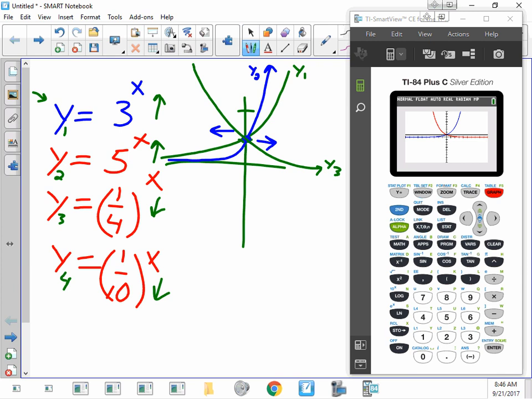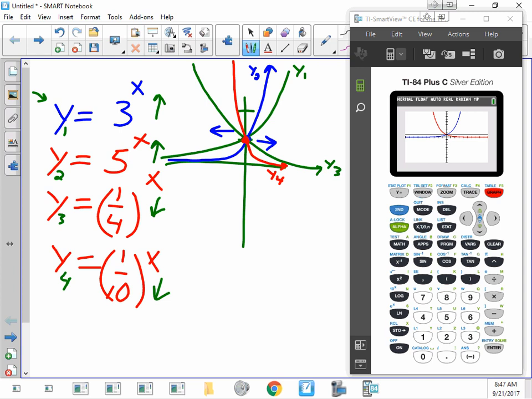How does y4 compare to y3? It's shrinking faster. So I'm going to start at the same point, and I'm going to go down faster. Well, what's going to happen if I look backwards? It's going to be higher. Does that make sense? Okay.